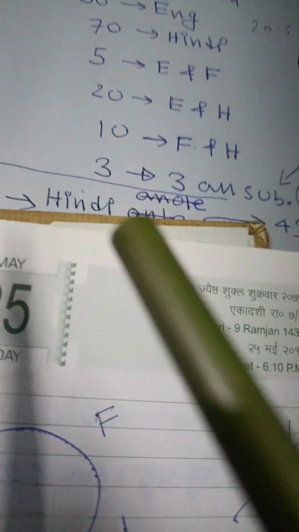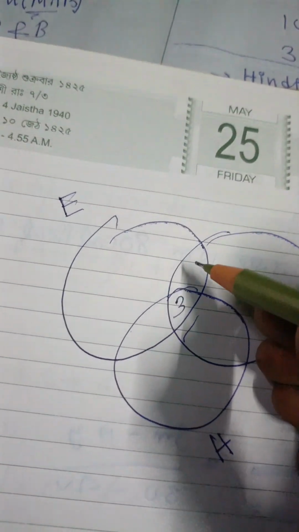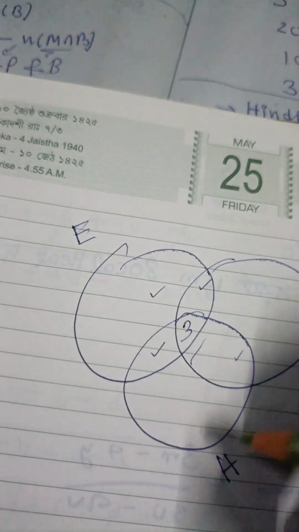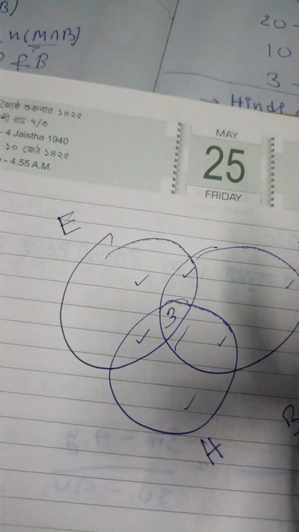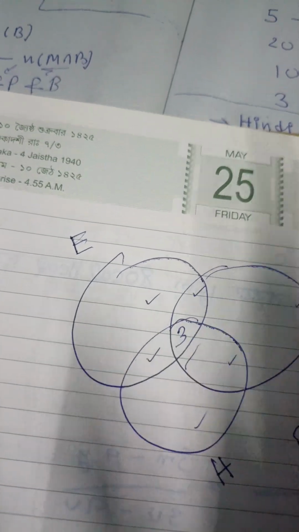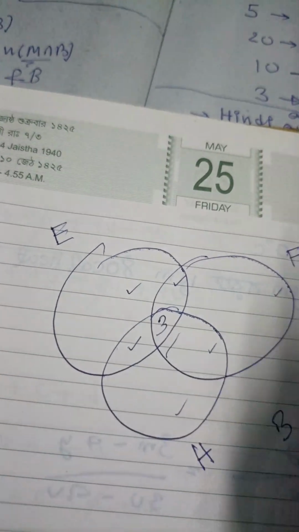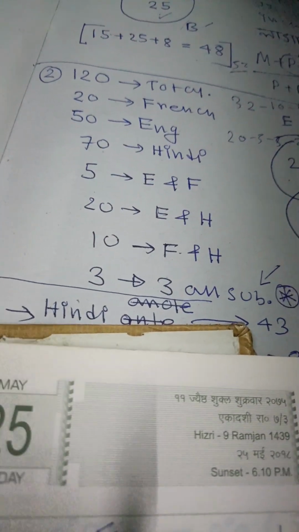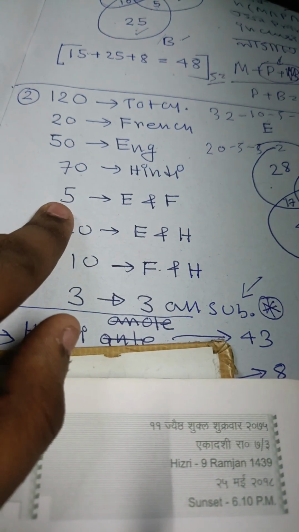Now the next step is we have to fill this part, then solve this part, then see what the question is asking. So now it is given that English and French is known by 5 students.